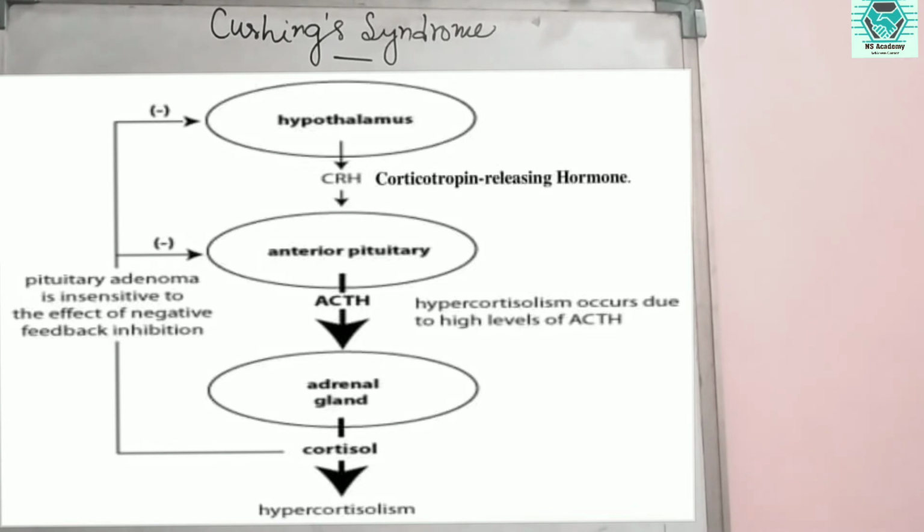The pituitary adenoma is insensitive to the effect of negative feedback inhibition, and that's why in the regulation of ACTH there is a negative feedback, the ACTH production increases, and the cortisol production also increases.